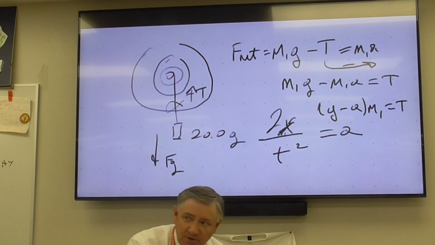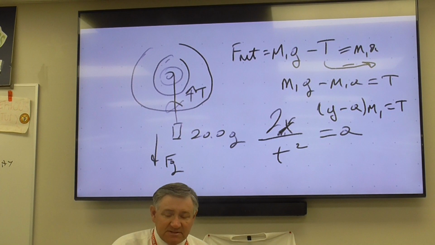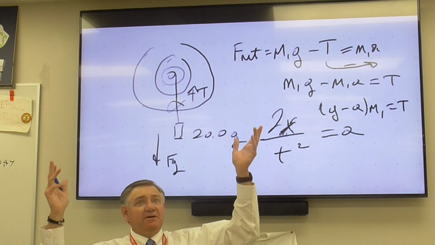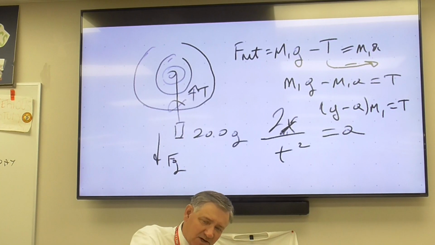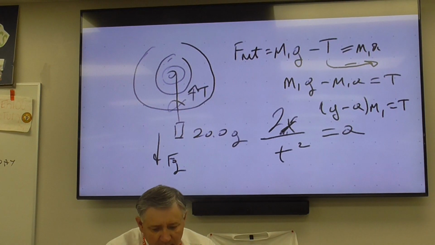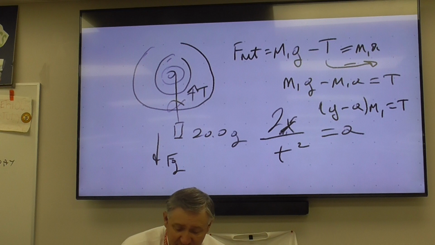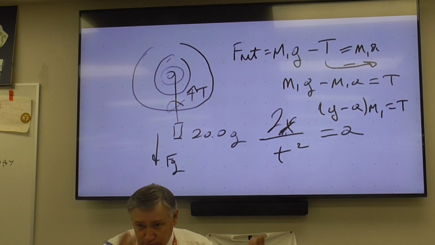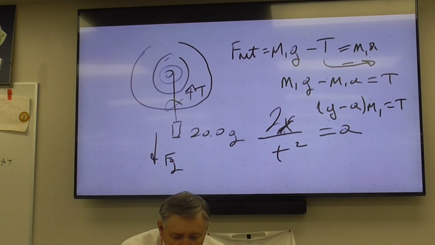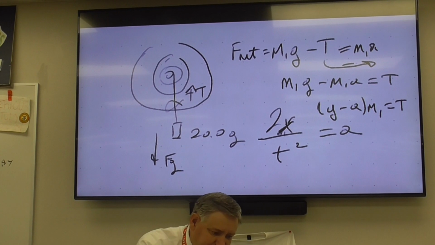Understand where this comes from. Just don't blindly write this down and go, oh, it's a miracle. No, understand the origins of these equations. Like when I did it, that first tension that I had was about 0.2, ballpark, okay?